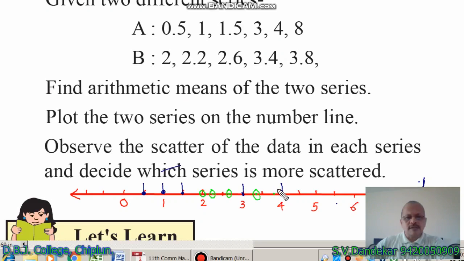Both these series have 5 numbers each, but the spread of series B is smaller than the spread of series A. The spread of series A is greater than the spread of series B, and therefore I can say that series A is more scattered than series B. And this thing we are going to study in this dispersion lesson.